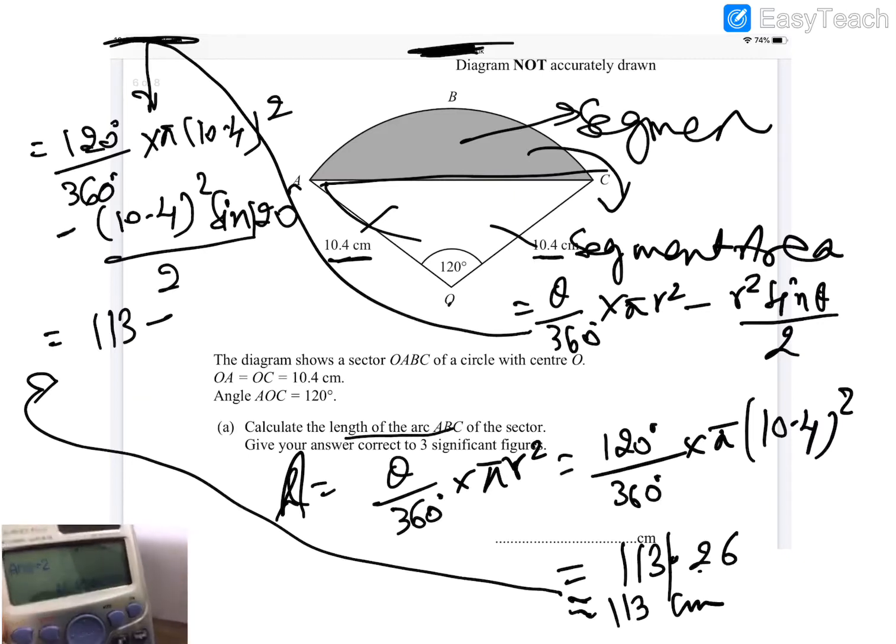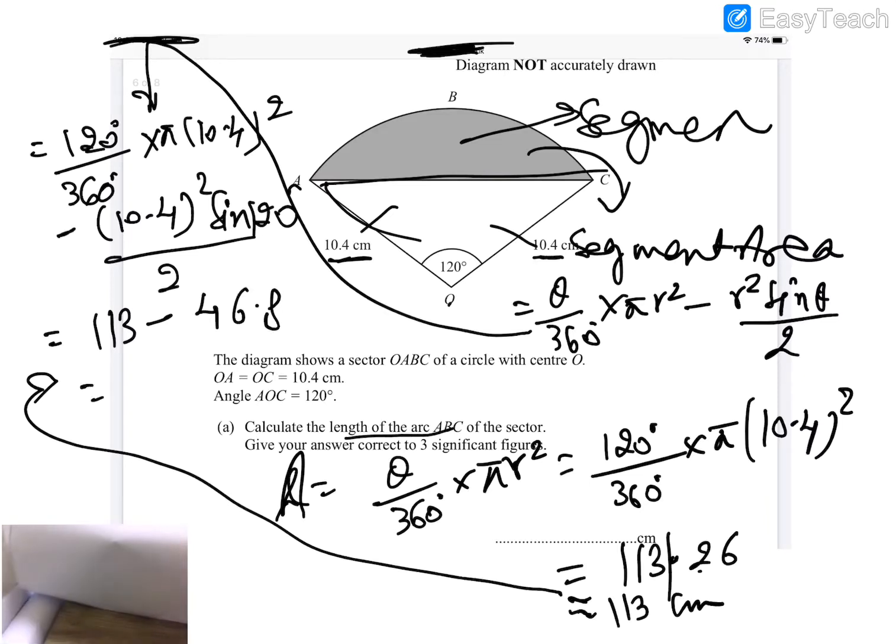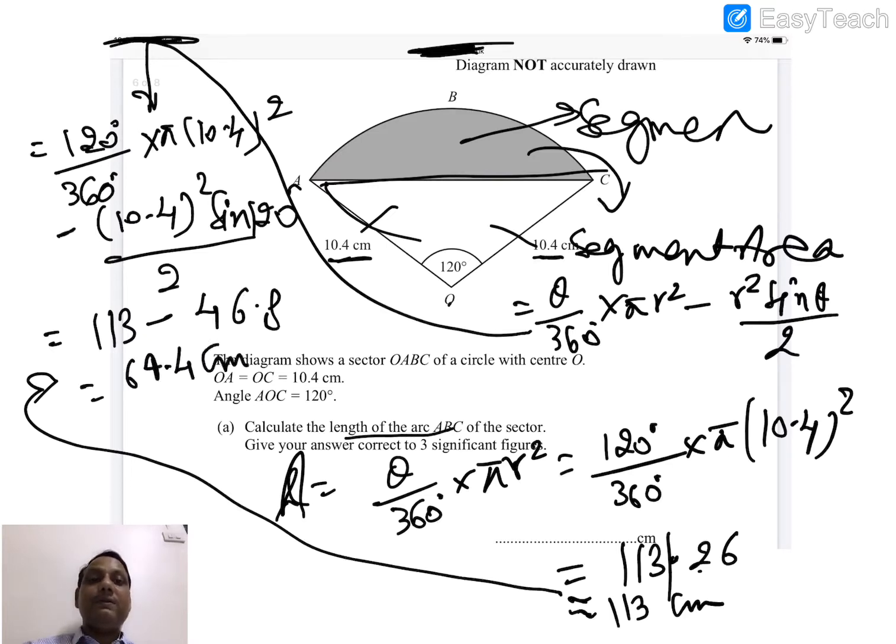So I am going to write 46.8, and then 113 minus 46.8, so you are getting 64.4 centimeter square.